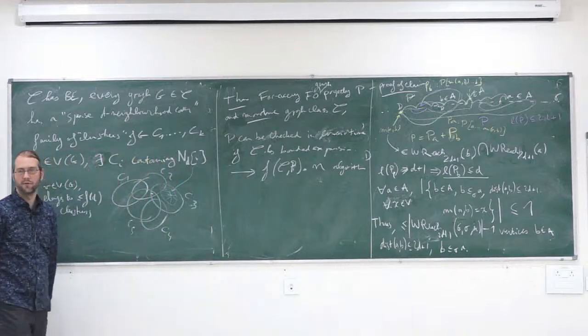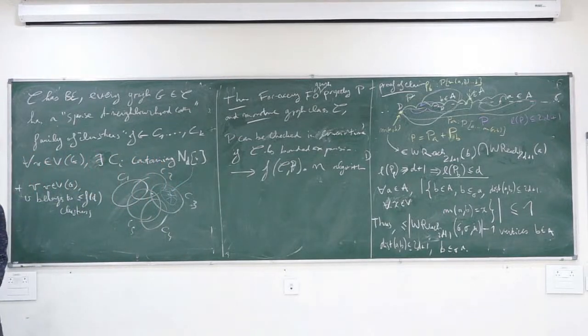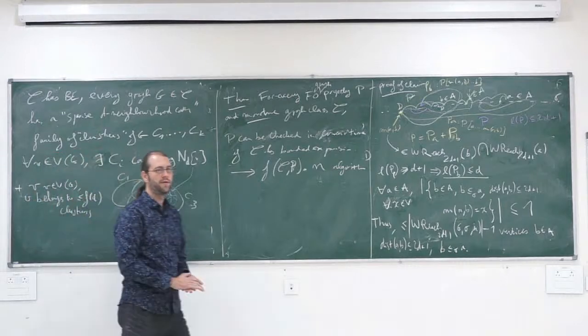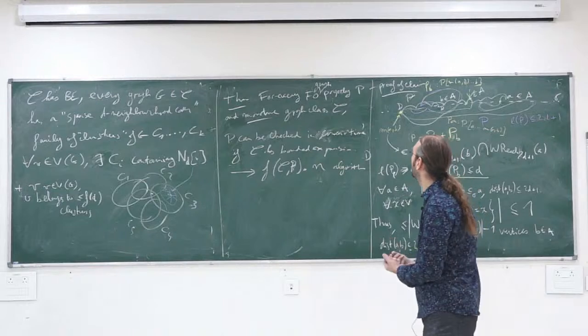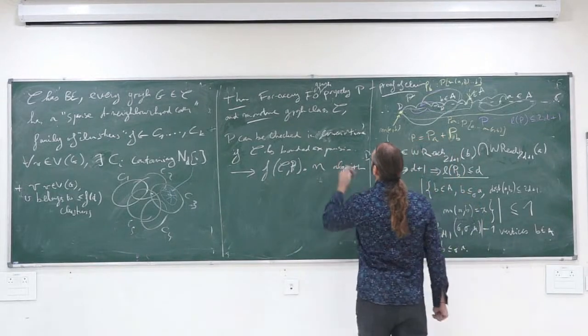So this is a very strong property, which is another success story of these bounded expansion graph classes. You take any graph class of bounded expansion, you take any first order graph property.